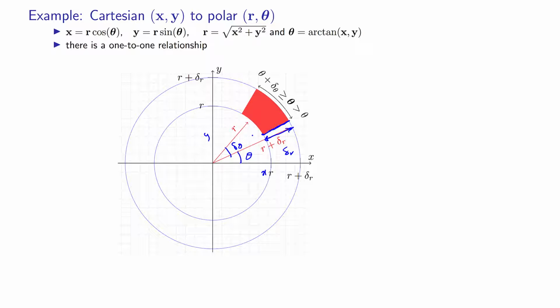If I extend delta r here and extend another angle here, delta theta is the difference between these two angles, and because this is r, the length here is going to be delta theta times r. So you know that this is equal to the length of the arc.